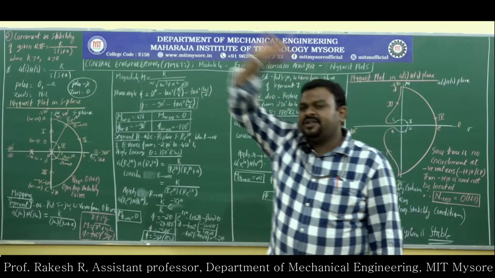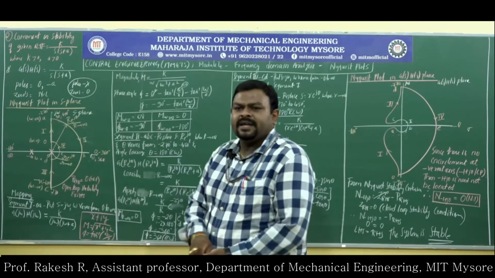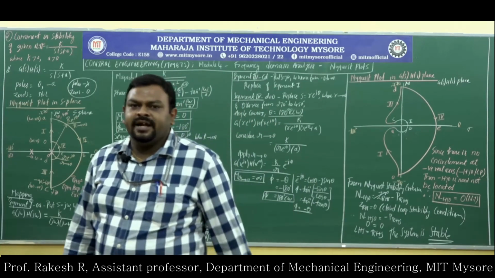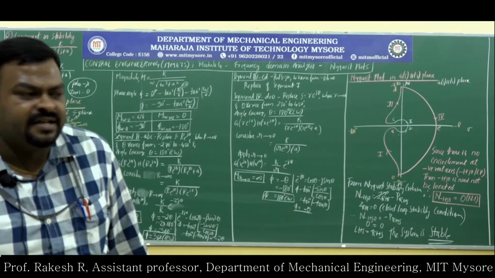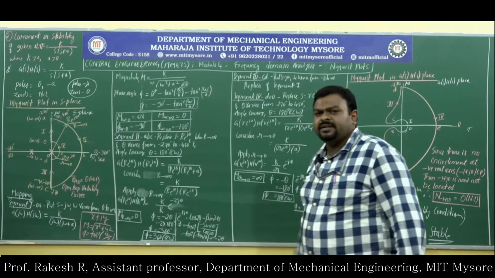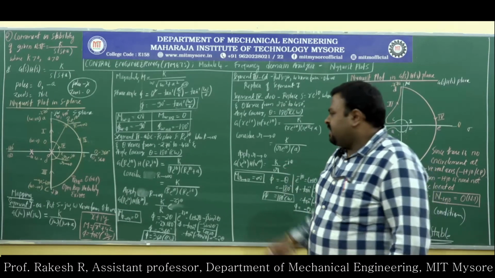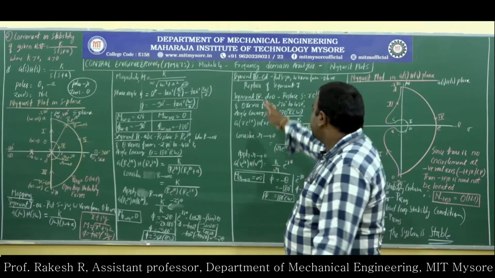Segment 2, you will be searching the entire right half of the S-plane. After that, you will calculate the magnitude at r tends to infinity and the phase angle at r tends to infinity. Then you calculate segment 3. Segment 3 is the replica of segment 1, the same thing, directly written in one line.